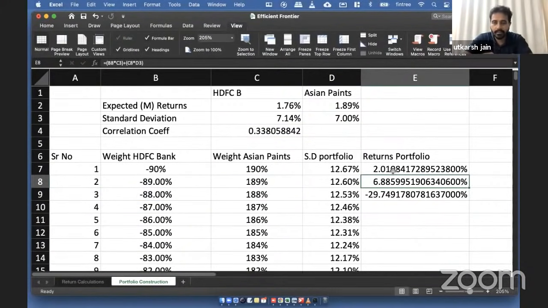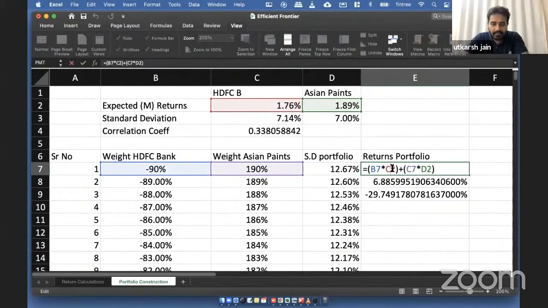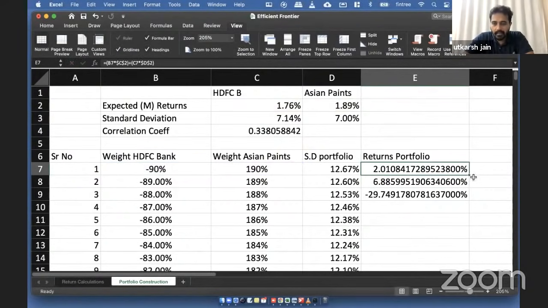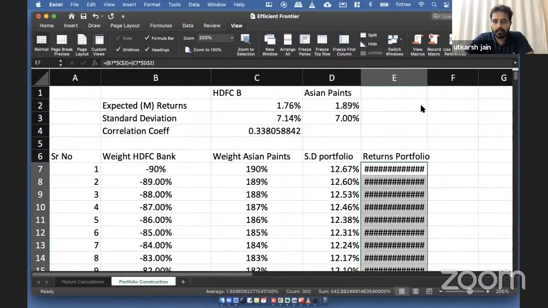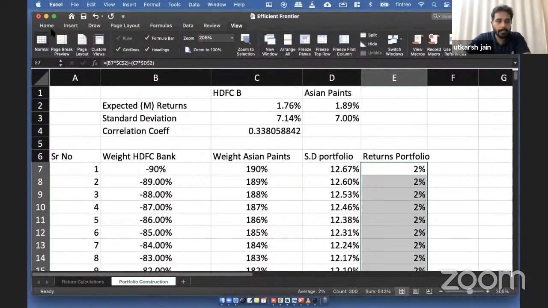That's why it's important that we need to freeze it. So let's freeze C2 and D2, and let's extrapolate the returns for the whole range. And there we go. We have the returns available for the entire set of the portfolio.